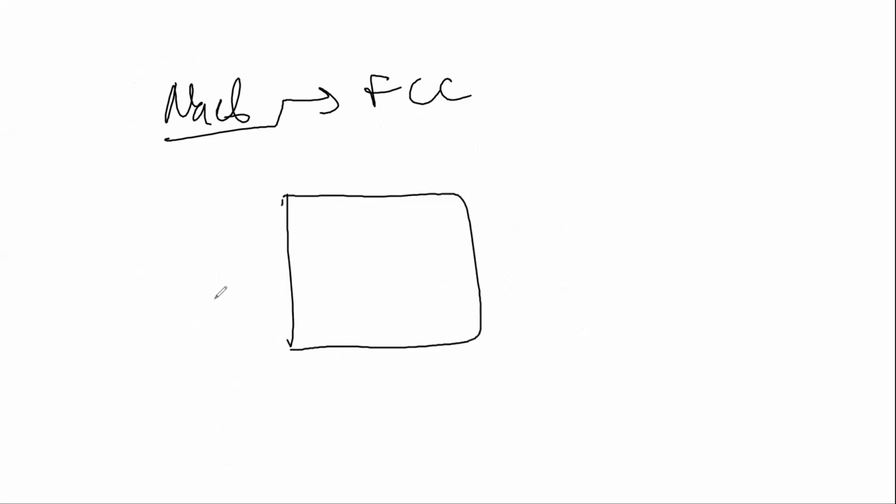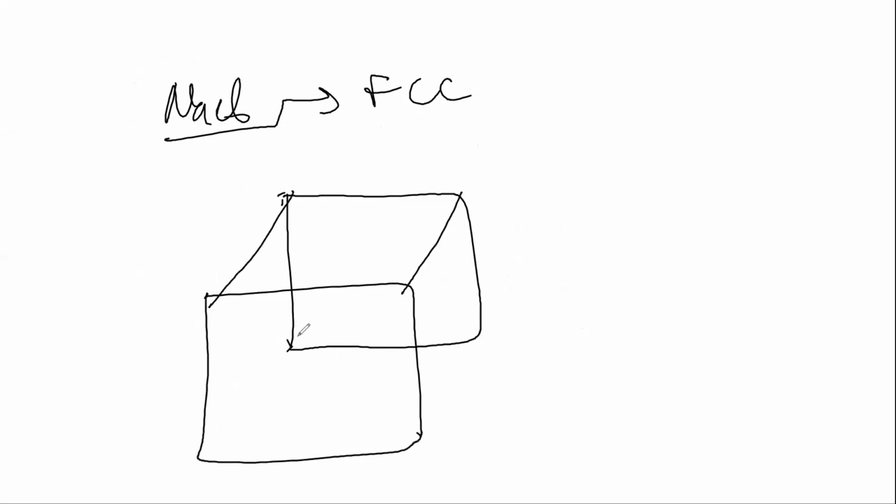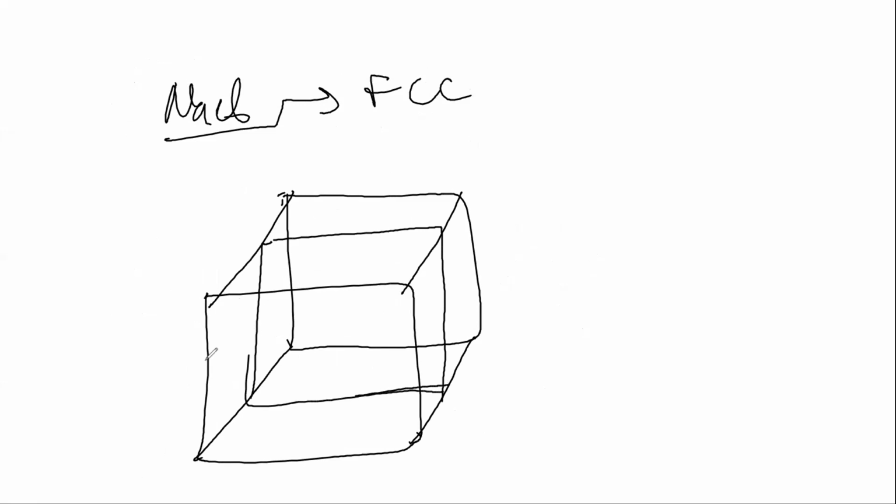Now let us go for NaCl, an example of a perfect face-centered cubic structure. There again I'll draw the same thing. You have to learn how to draw here. First draw a perfect cube, then make planes at half on the x-axis, half on the y-axis, and half on the z-axis.